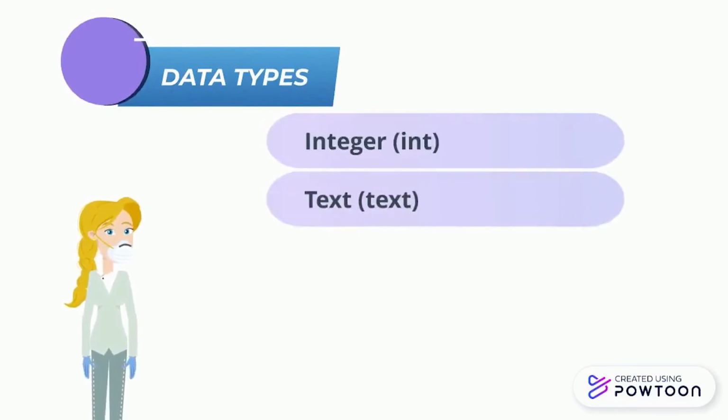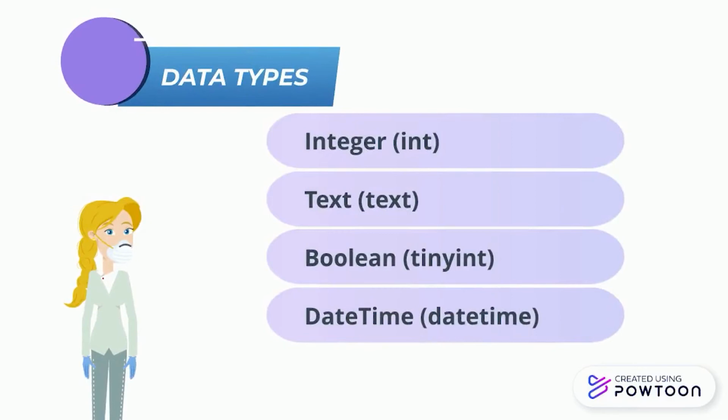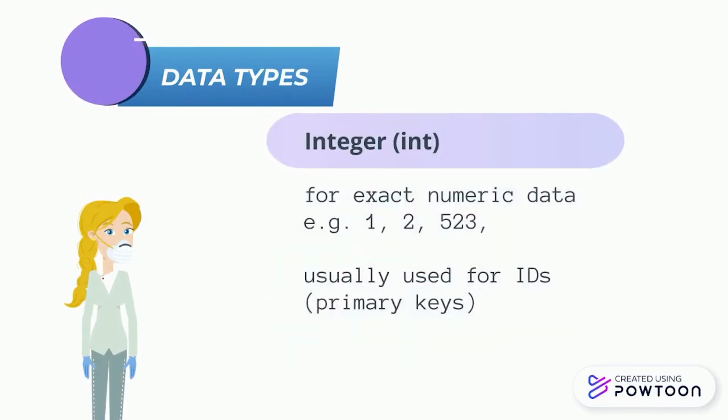Integer, text, Boolean, and date time. Integer, for exact numeric data like for example 1, 2, 523. Integer is usually used for IDs or as primary keys.